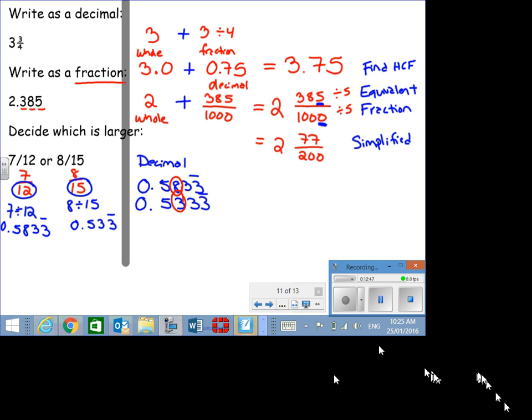So which one is larger? That first one, which was 7 divided by 12. So 7 12ths is larger. Okay? But first you must convert them to be a decimal so that you can compare them correctly. Unless they have the same denominator already, then you could just compare the numerators.